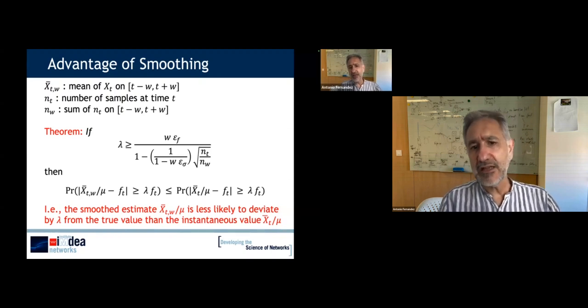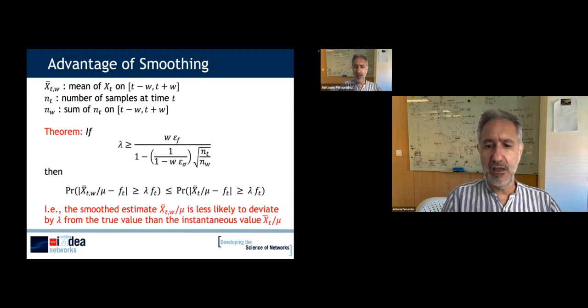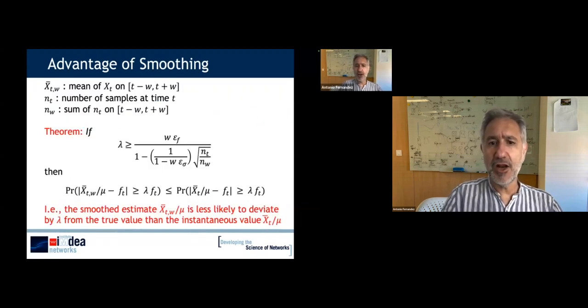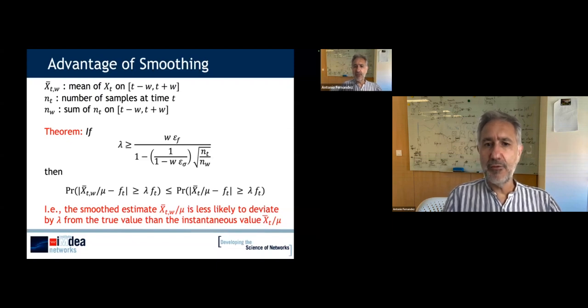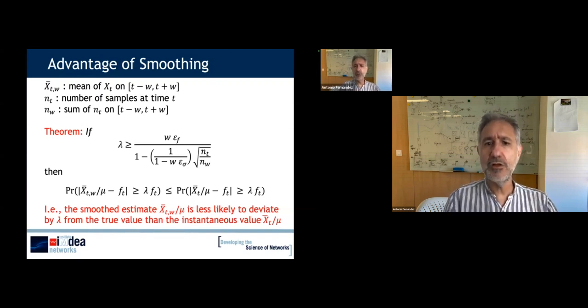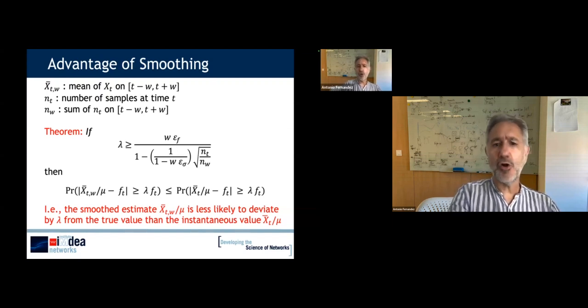Essentially, this tells us that if epsilon f and epsilon sigma are small enough, and the ratio n_t divided by n_w is small, where n_t is the number of samples at a certain time and n_w is the number of samples in the whole window, then lambda is small, and this applies to a very large set of cases.